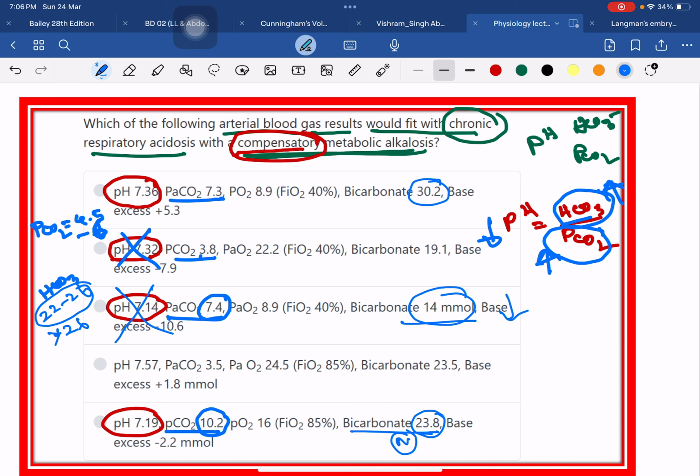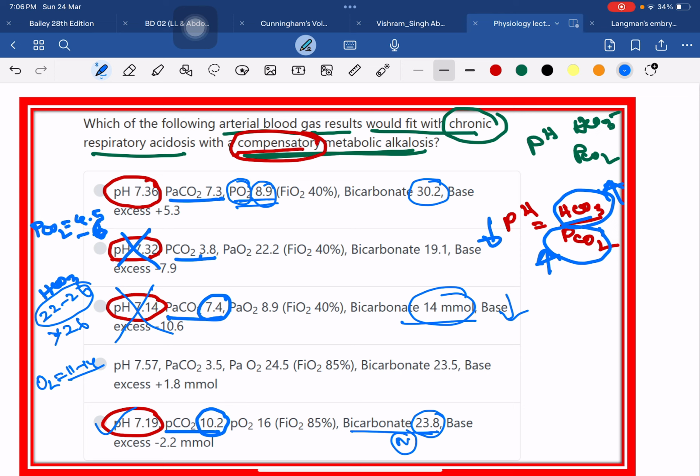So we are confused now between these two, but at the same time, let's see the partial pressure of oxygen. As it is respiratory acidosis, the partial pressure of oxygen will reduce, and we know the normal level of partial pressure of oxygen is 11 to 14, and here this is reduced. In case of respiratory acidosis, the partial pressure of oxygen reduces.